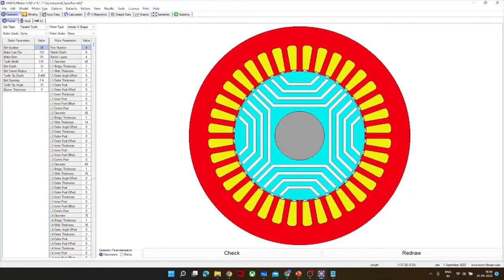Yes, so this is nothing but the synchronous reluctance motor. This axis is known as Q axis and this axis is known as D axis. In a conventional synchronous motor, we have field wound on the rotor, but here no copper is present on the rotor side, and only the stator has the windings.